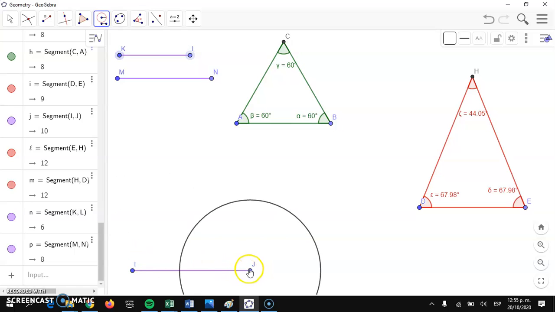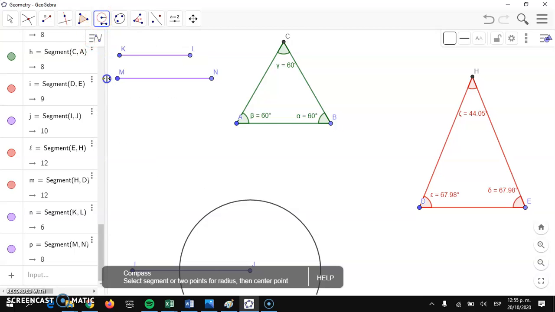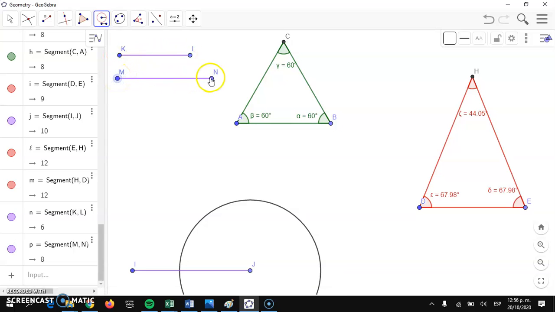Let's start with this one. We can center that in J or in I. Let's center this in J. And again, use the function compass, but you're not going to use the segment KL, but you're going to use the segment NE. So as you can see, we got an intersection. If we don't have an intersection in here, it means that the lengths that we're using are not allowing us to make a triangle, so you have to try with other ones.